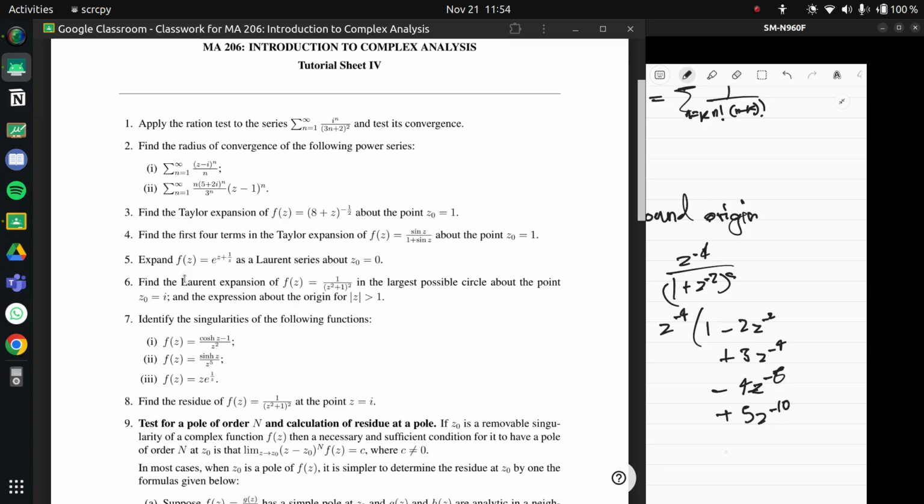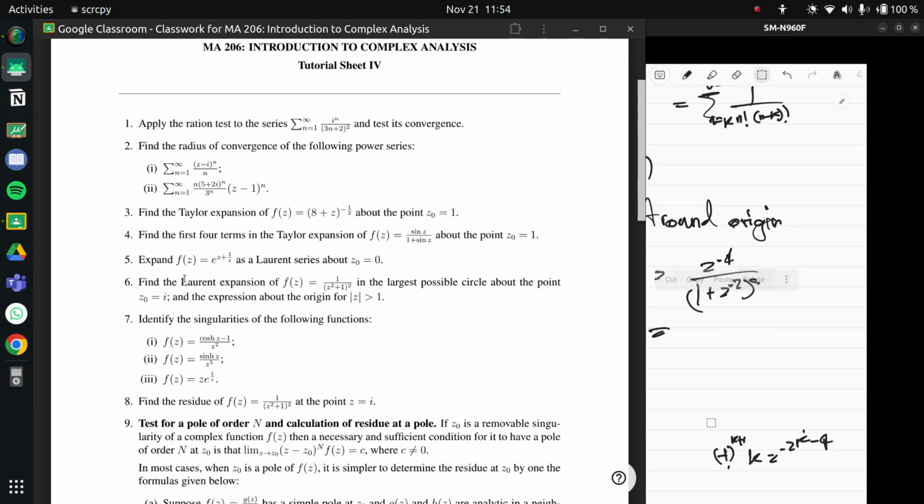So you get the drift. It's just k z to the power negative 2k times negative 1 to the power k plus 1, pretty much. It's an odd number, so it's just the summation of that, and then add to that the 4, so it becomes minus 4 over there. Let's start from k equal to 0, to infinity.